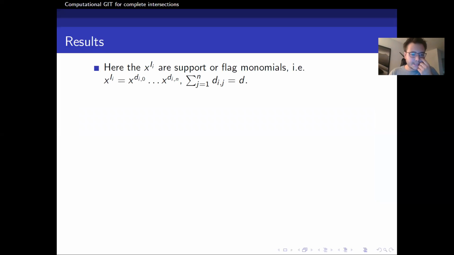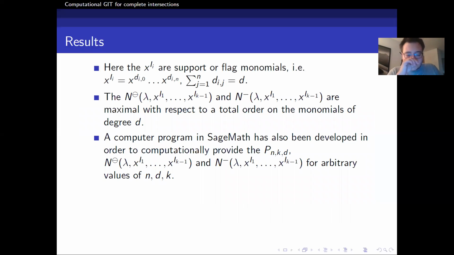These x_i are all support or flag monomials of degree d. It's a kind of convention to denote them this way; it's easier than writing this whole thing. And it's useful to note that these sets N^0 and N^- are in fact maximal with respect to a total order on the monomials of degree d.